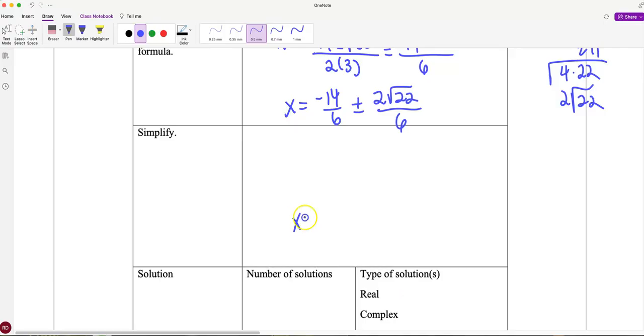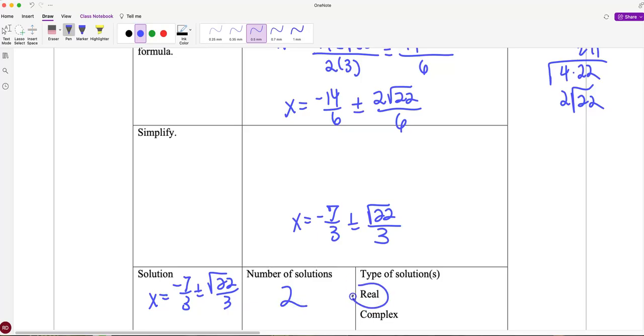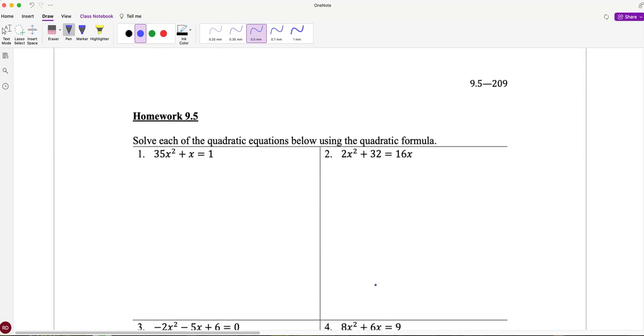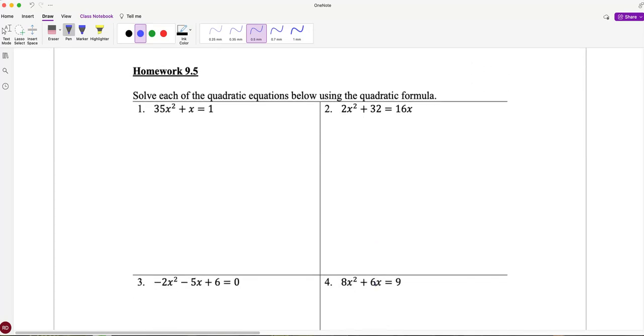So x is what? Negative 7/3 plus or minus root 22 over 3. So there are two answers here. Two solutions which are real. Okay. And that should lead you up into the homework for this section.